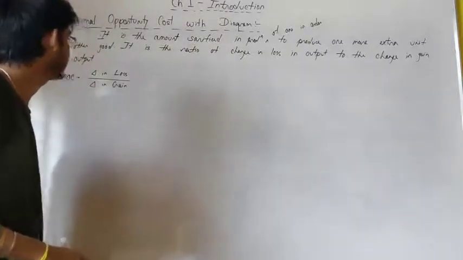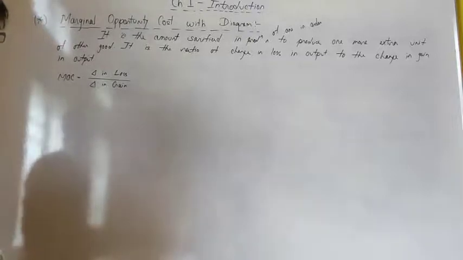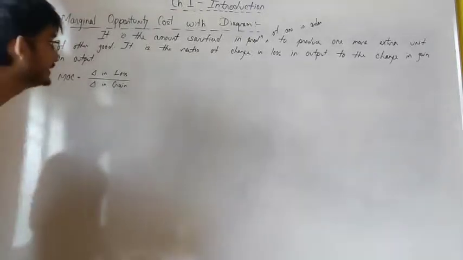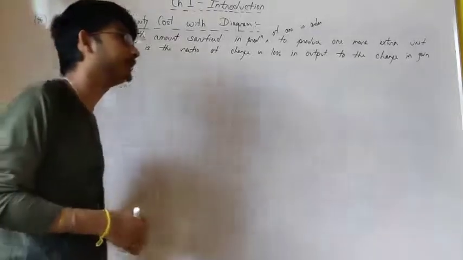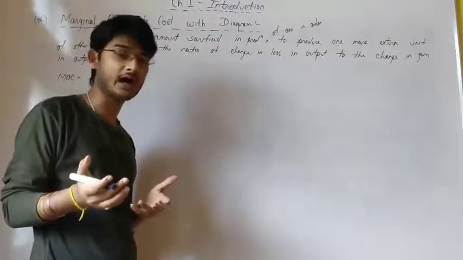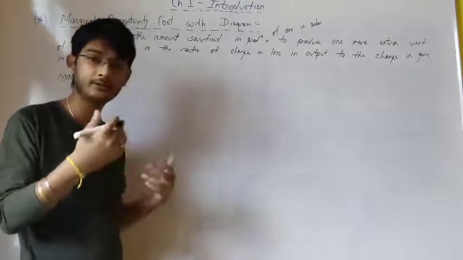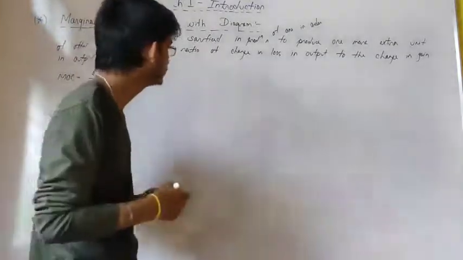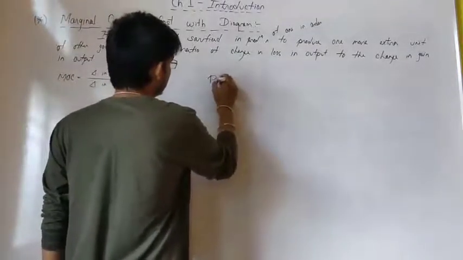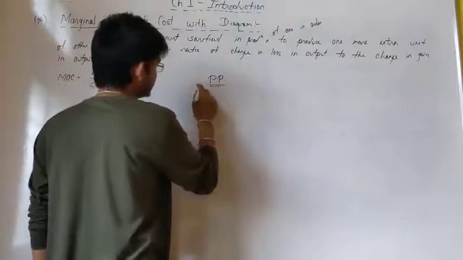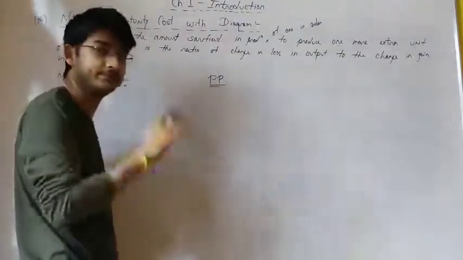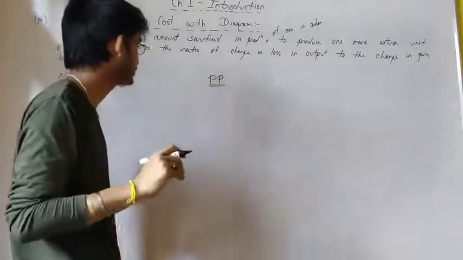Now let's see how diagrammatically we can explain it, and for that we need a table. From the production possibility video we already know how to form a table with marginal opportunity cost. So I am doing that again. First will be production possibilities. I am just writing PP, but please write production possibilities.